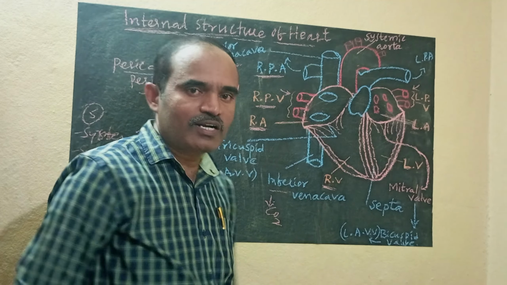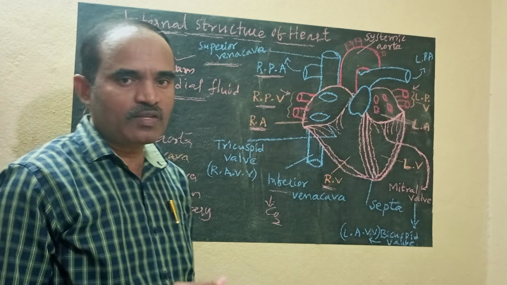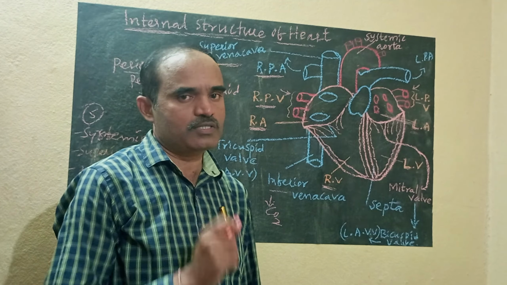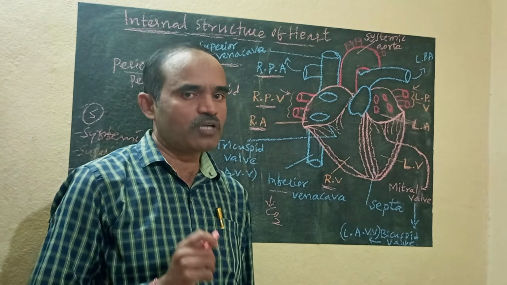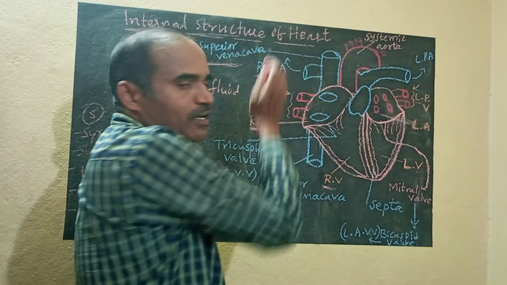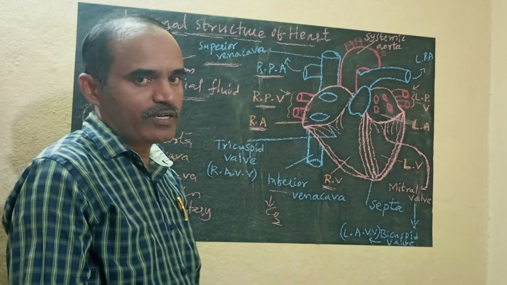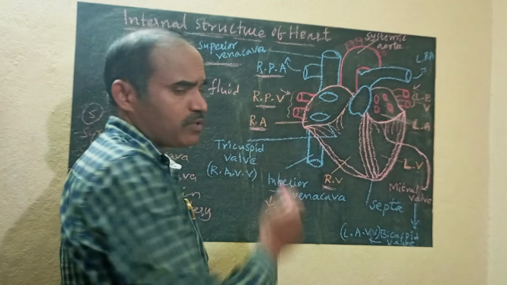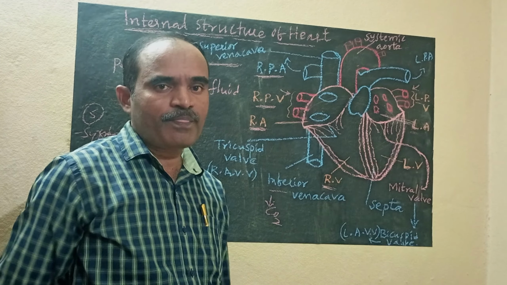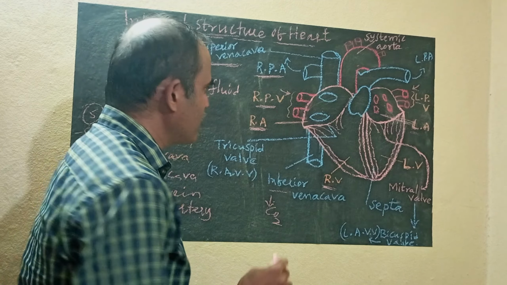Total heart is divided into four chambers. Upper two chambers are called auricles or atrium, and lower two chambers are called ventricles.